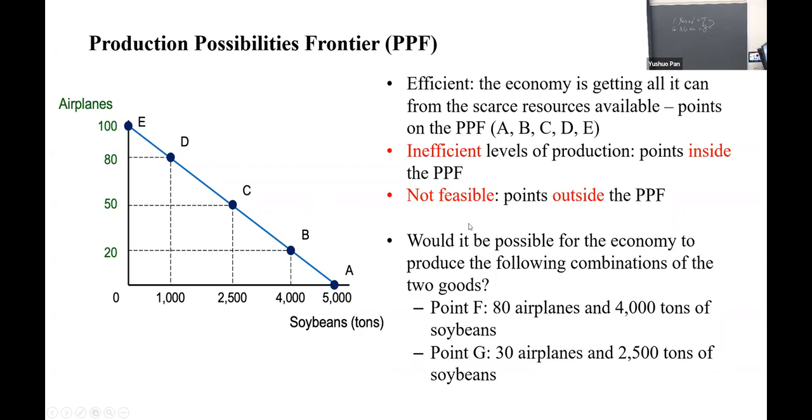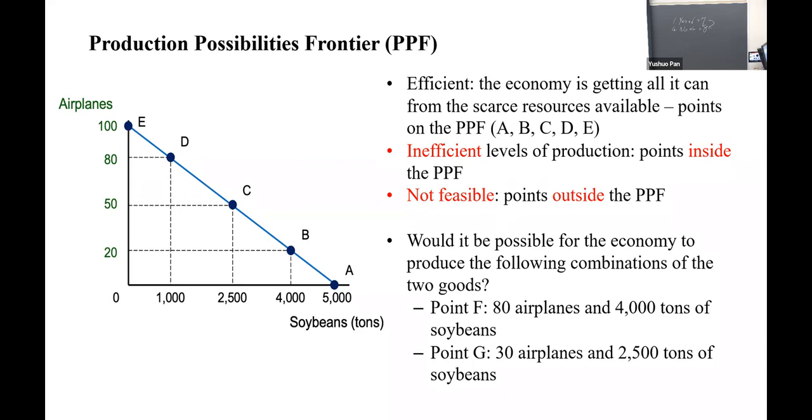And not feasible: the points outside of this PPF, on the right-hand side of this straight line, are not feasible. It's untenable, because every point on this straight line is the maximum combination you can obtain, right? So any points beyond that are not feasible.